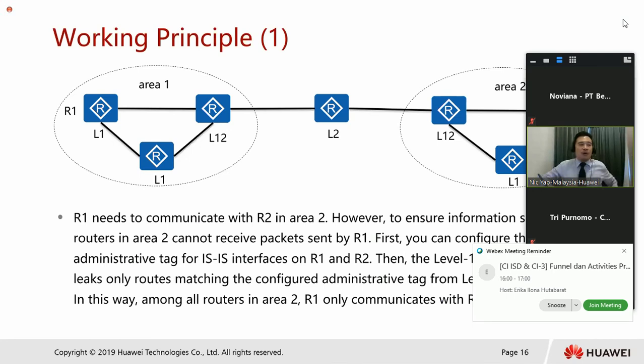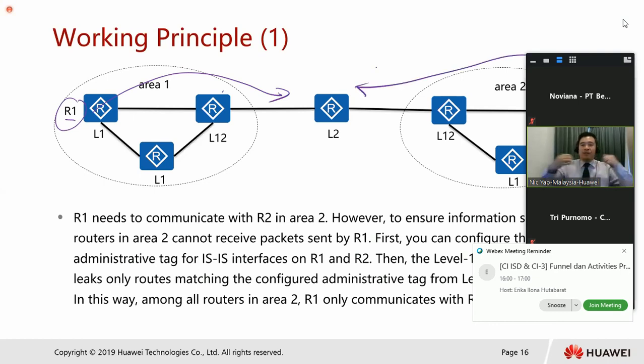So how are you going to do this? By using different tagging. You configure the same tag for the ISIS interface on R1 and R2. Then on the level 1-2 routers under area 1, I leak only this information into level 2.